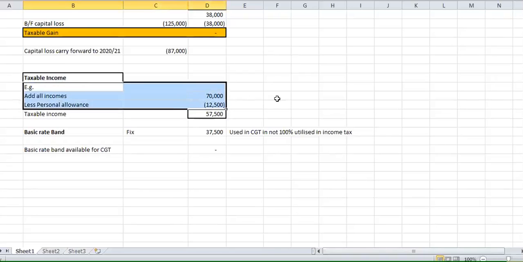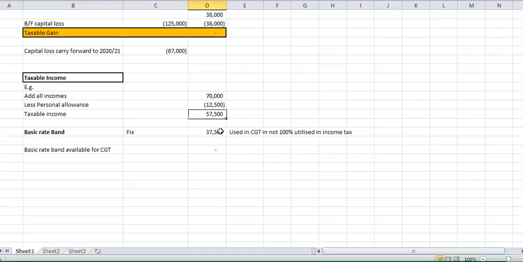Because our taxable income is more than 37,500, that's why the basic rate band has been fully utilized in the income tax. I am going to write it down over here as well: taxable income is more than 37,500.